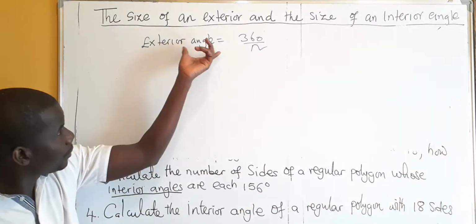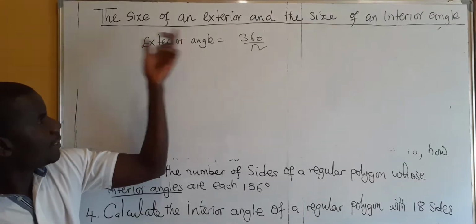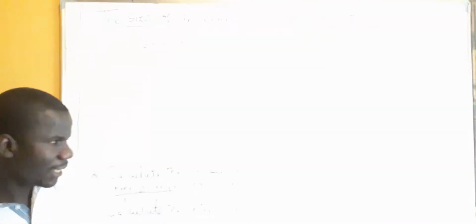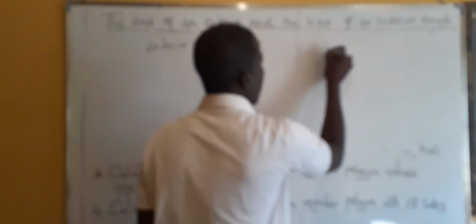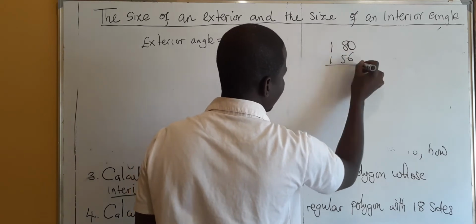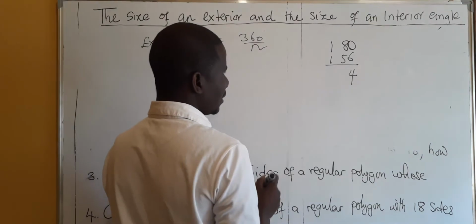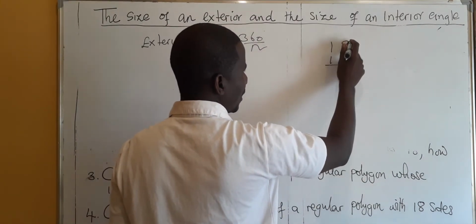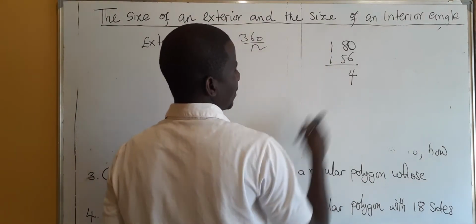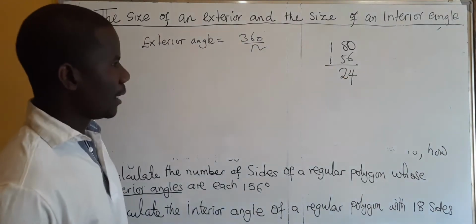When you're using this formula, don't put this one. This is an interior angle. The formula is dealing with an exterior angle. So find the exterior angle by saying 180 minus 156. What do we get here? This will give us 4, then here we'll remain with 7, so we'll get 24.